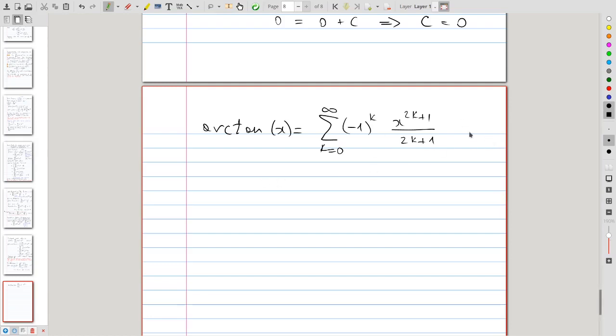And so this holds for absolute value of x less than 1. And so this is the second important formula we obtained in this video. We will often make use of this formula for inverse tangent as well.